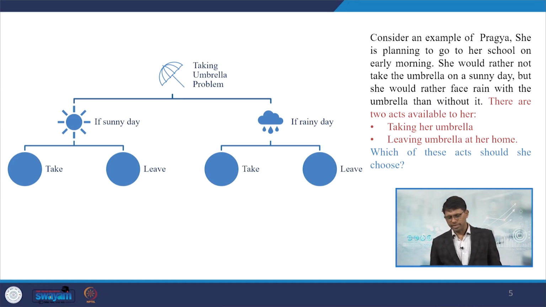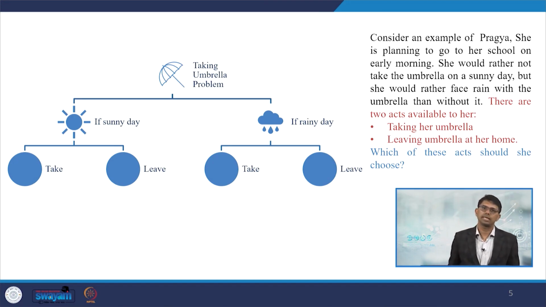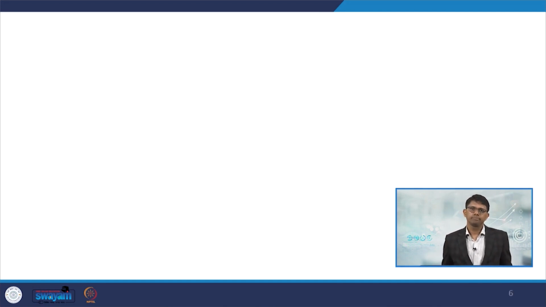She would rather not take the umbrella on a sunny day, but she would rather face rain with the umbrella than without it. There are two acts available to her: taking her umbrella or leaving her umbrella at home. Which of these acts should be chosen? We will explain.